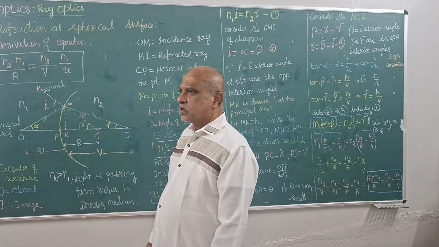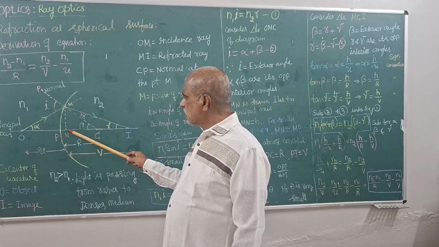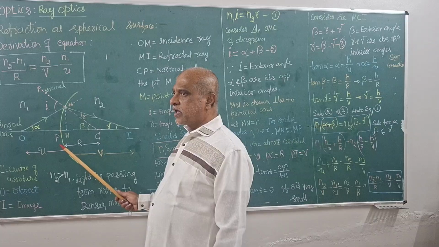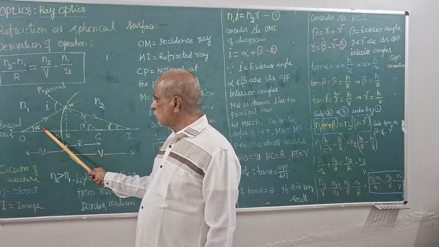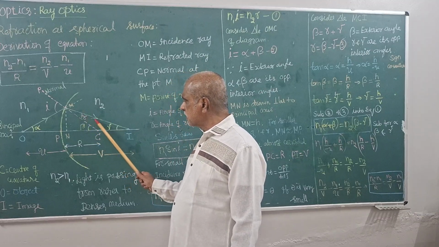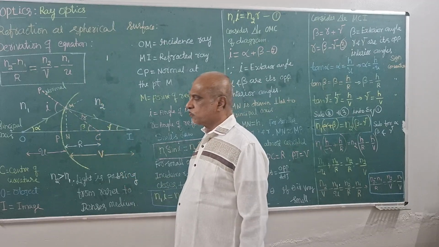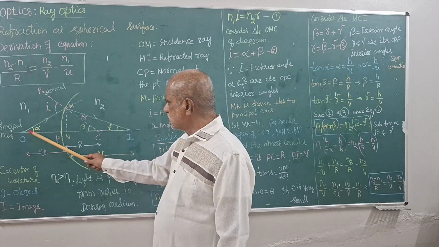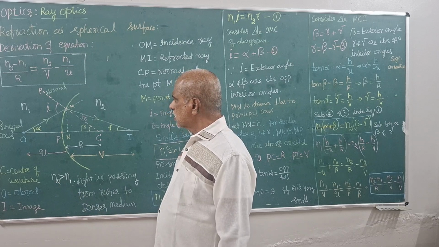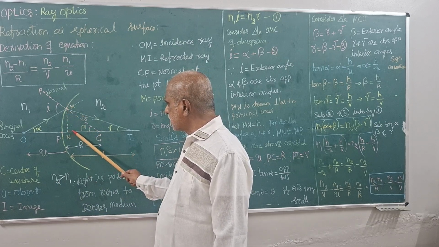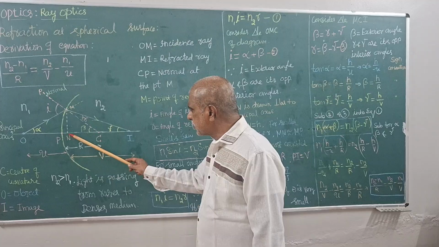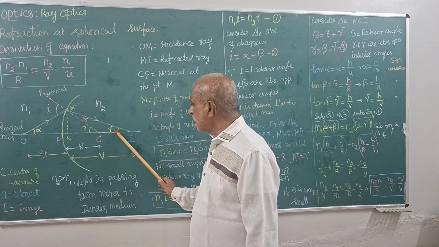Once you draw this line, we come across three right angle triangles, with alpha as one angle, beta as another, and with the same line, one more right angle triangle with gamma as the angle.